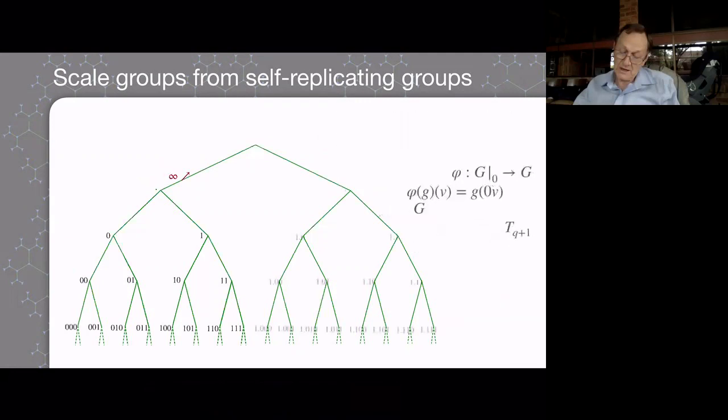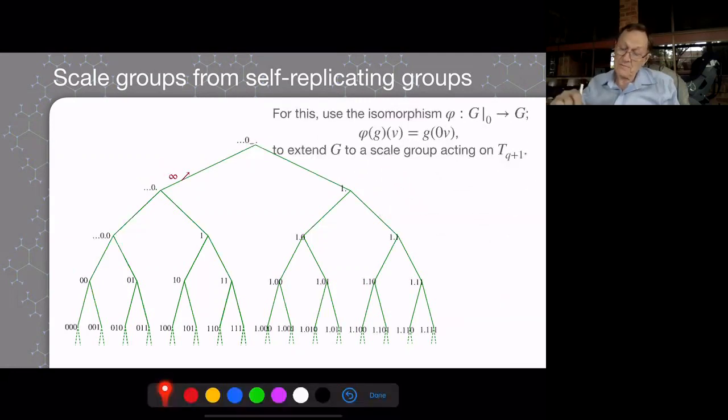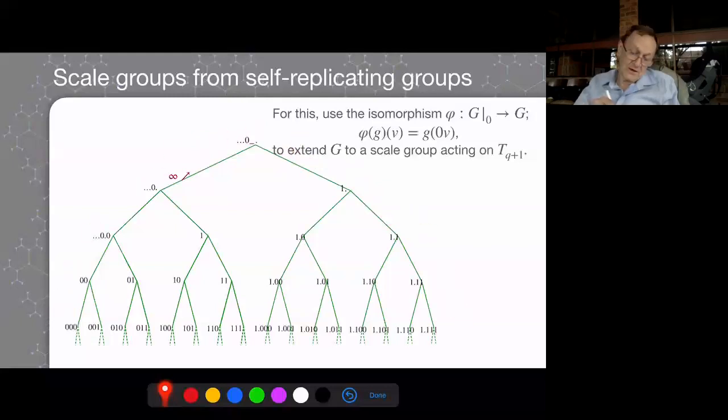And then we can use our isomorphism phi to extend G to a group acting on this larger rooted tree now, such that if we look at the subgroup fixing this vertex that was the root of our original tree, and then we restrict to the tree below here, that returns our original group G. So we've now extended G from a group acting on this tree to a group acting on this larger rooted tree.